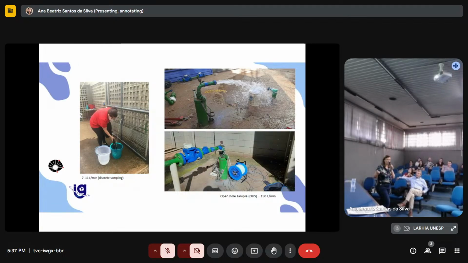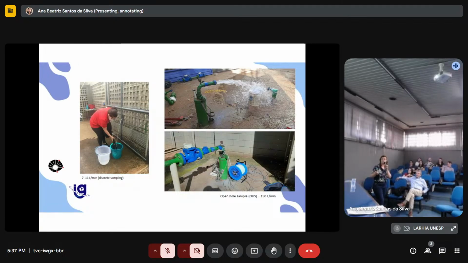So we have the packers in place, and we use a small pump to purge the water, and then to collect the water for this small interval, 3 meters interval. So the yield here is small, 7 to 11 liters per minute.